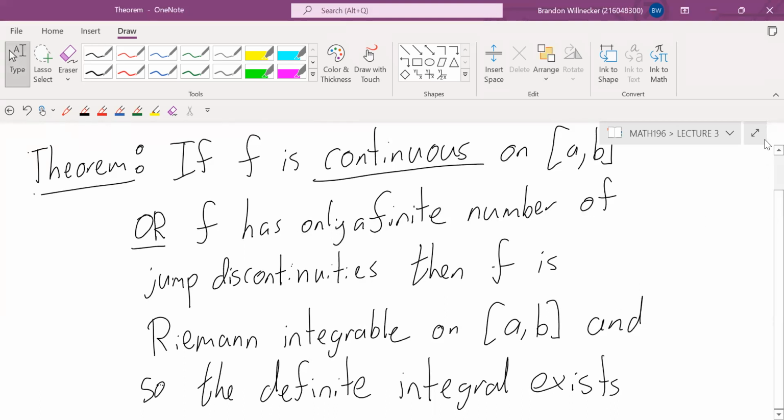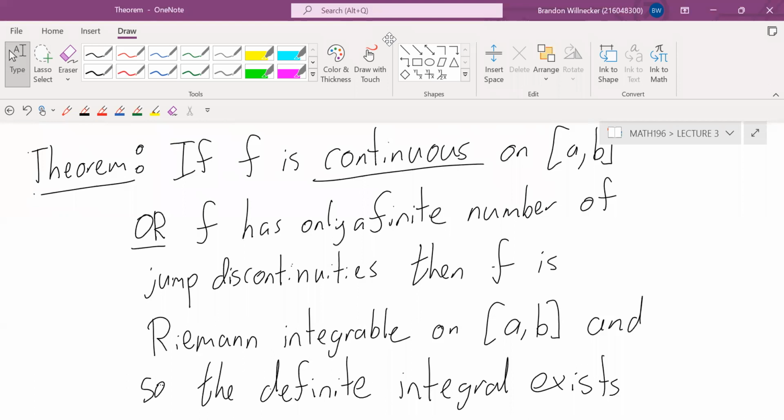Okay, so this is a very nice theorem. It tells us that at least some functions are Riemann integrable. So all of the continuous functions are Riemann integrable, and so the definite integral exists. So remember what that means. It means the definite integral exists, which means it doesn't matter which sample points we choose.